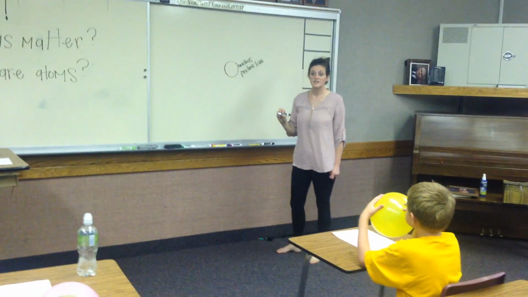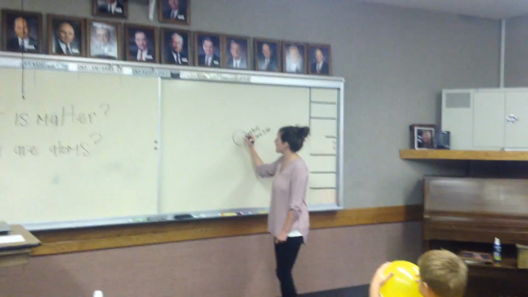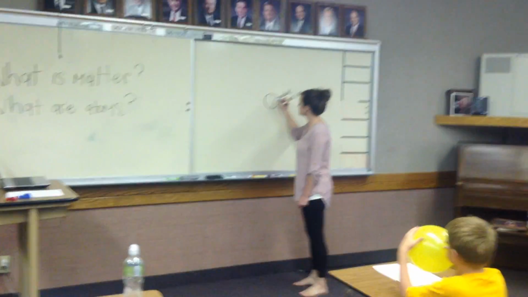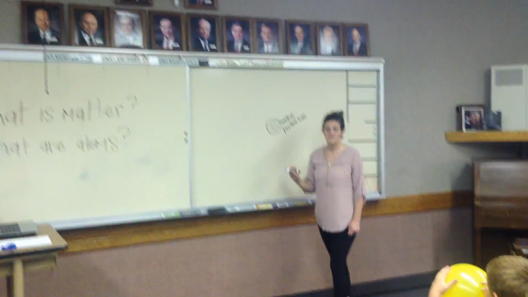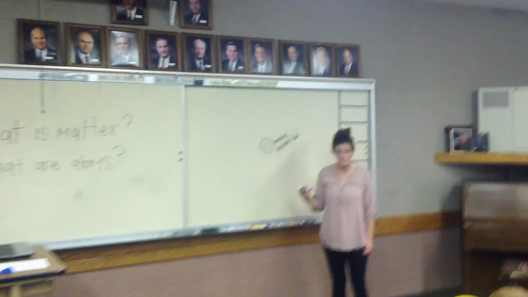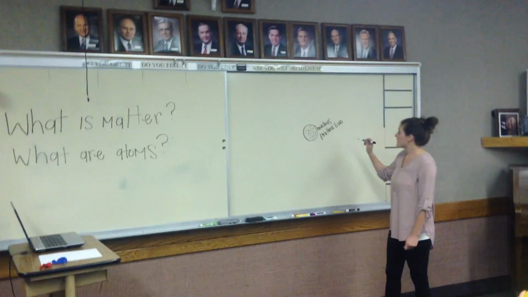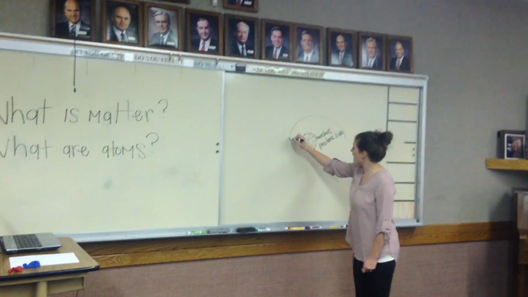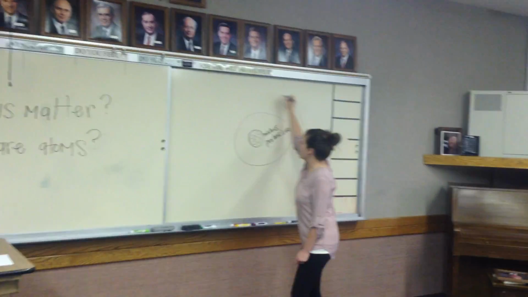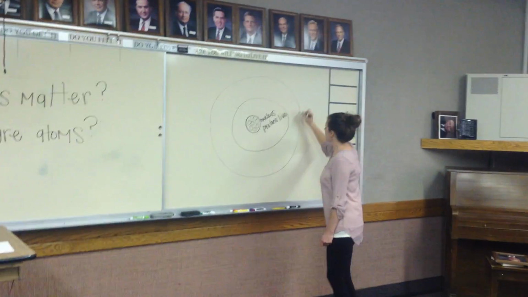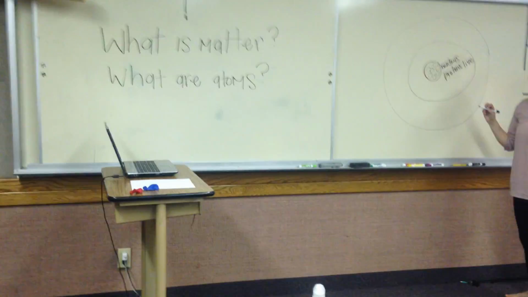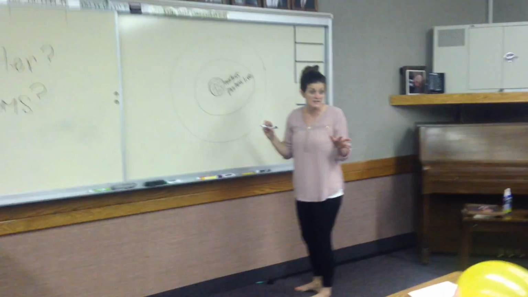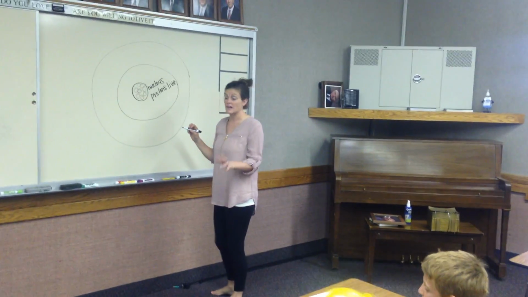To make an oxygen atom, we are going to put 8 protons inside the nucleus of our atom. Now, there is an inner shell and an outer shell that make up each atom, whether it's oxygen, whether it's hydrogen, whatever atom it is, there is an inner and an outer shell.